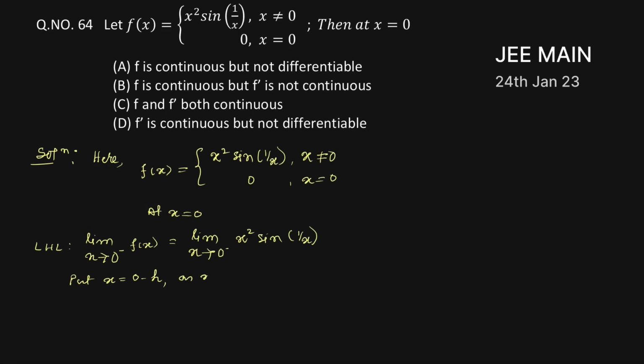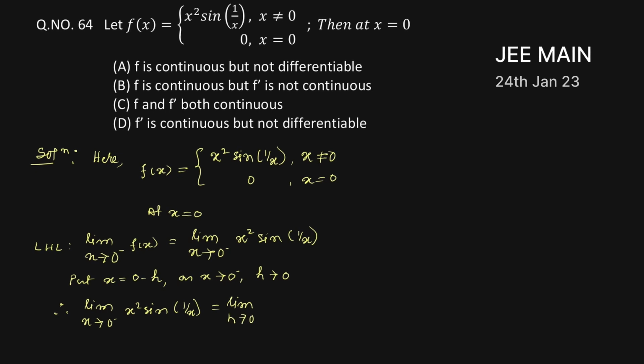As x tends to 0 to power minus, we are able to write h tends to 0. Therefore, limit x tends to 0 minus x square sine 1 by x, we are able to write as limit h tends to 0.